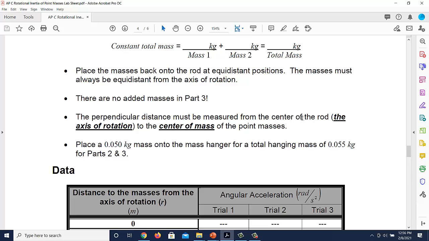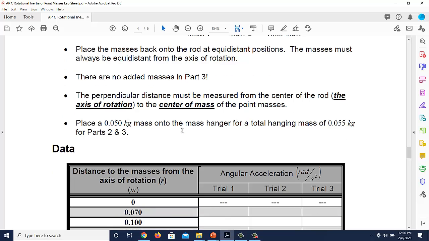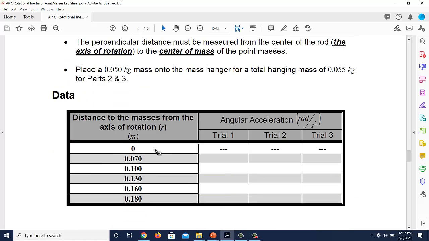And again, remember the distance is from the axis of rotation to the center of mass of the point masses. Be as precise as possible, otherwise you'll have error. That's where most of the error in this part of the lab is going to come from: did you really put the masses the right distance away from the axis of rotation?